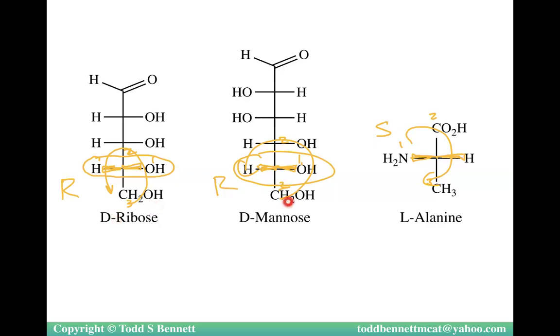But we have D-ribose, D-mannose, D-glucose, D-fructose. Those are the monosaccharides that are common in our body. So D corresponds to R at the last chiral center. Naturally occurring amino acids, for whatever reason, are L. It's one of those cool little fun facts of life.